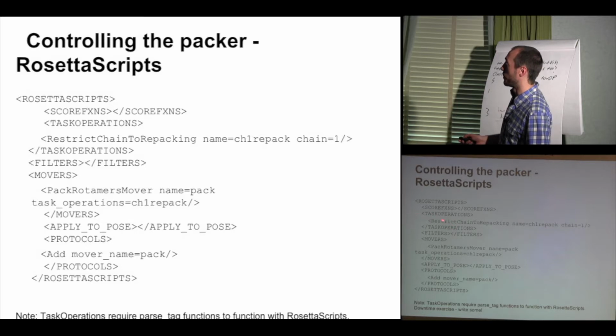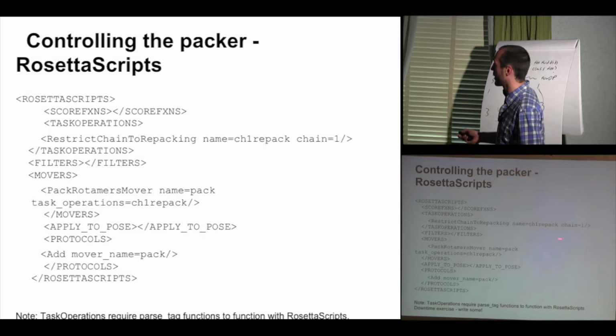Here you can define an arbitrary number of task operations that have a name and other input that's parsed in the parse tag function. So in this example, we're using restrict chain to repacking. We're calling it ch1 repack, and we're restricting chain 1.